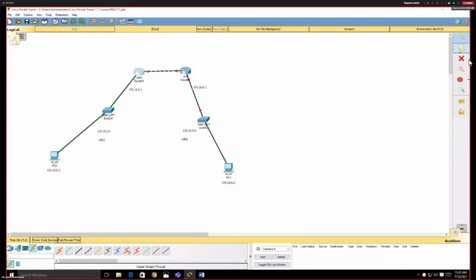So we require LAN 3 IP address in this particular segment. How many networks exist over here? Three networks. Network 1, network 2 and network 3.